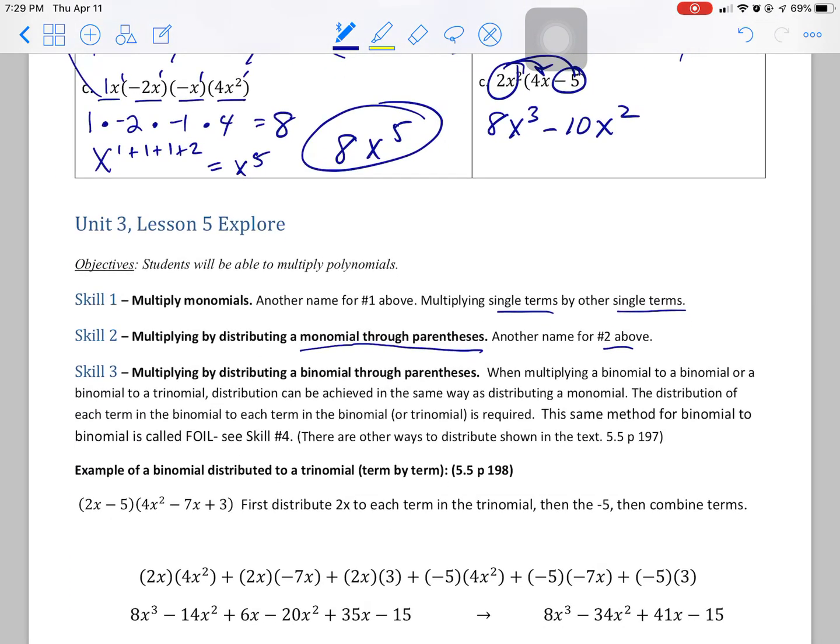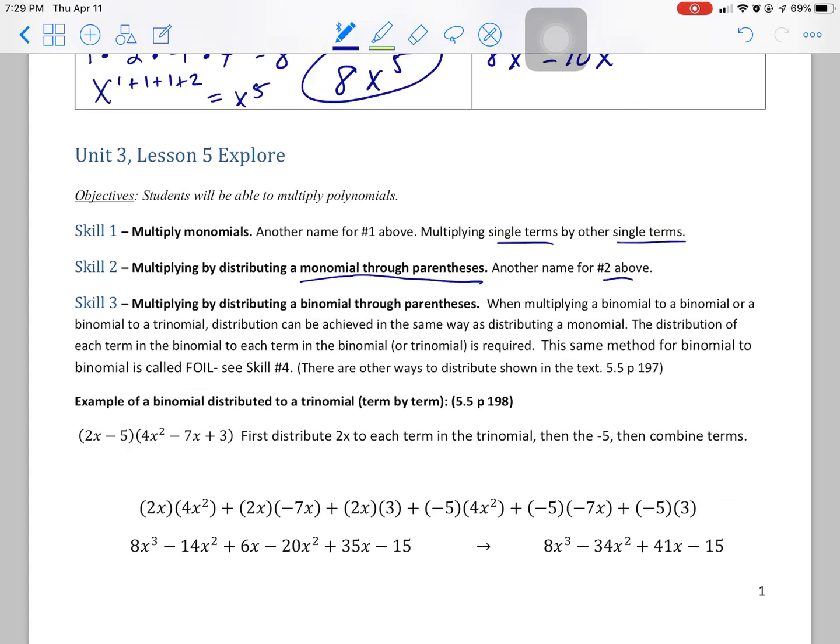And then distributing a binomial through parentheses, or two terms, is one example here at the bottom. 2x times 4x squared, 2x times 2x times, okay?